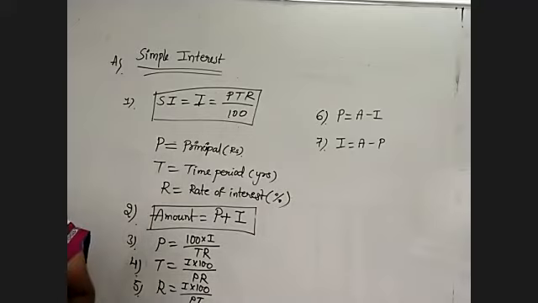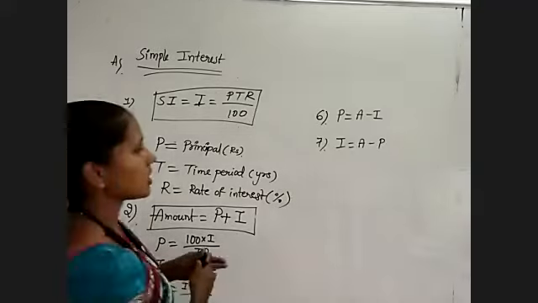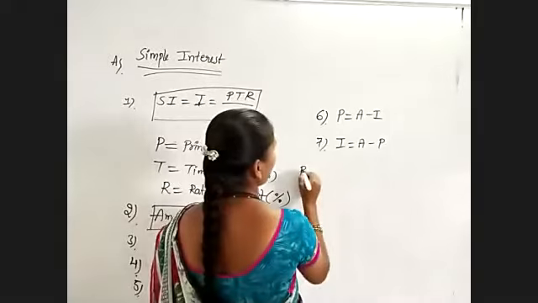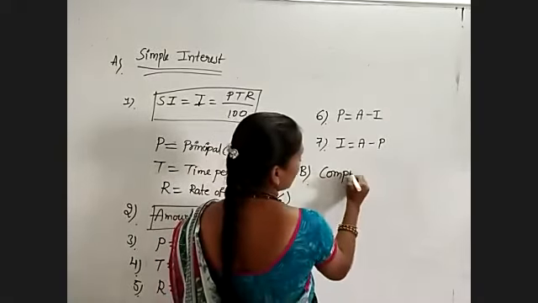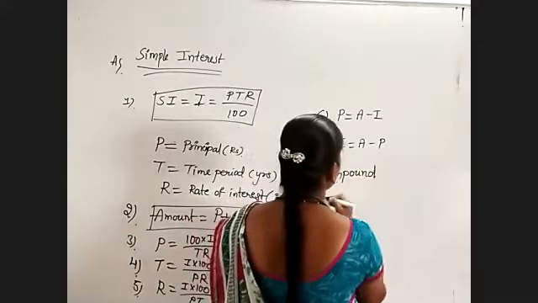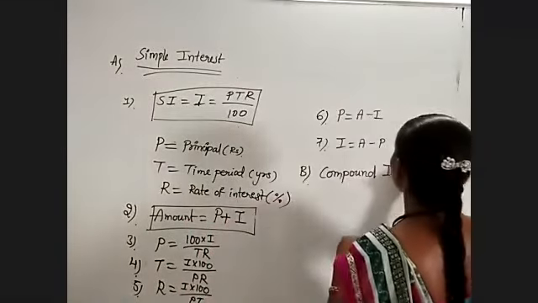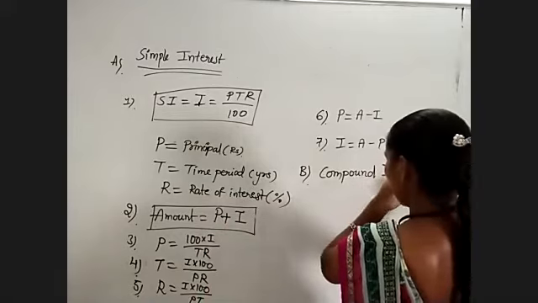Now coming to the formulas for compound interest also. Instead of the two formulas like this one, interest and amount, here we will take first amount, then compound interest.